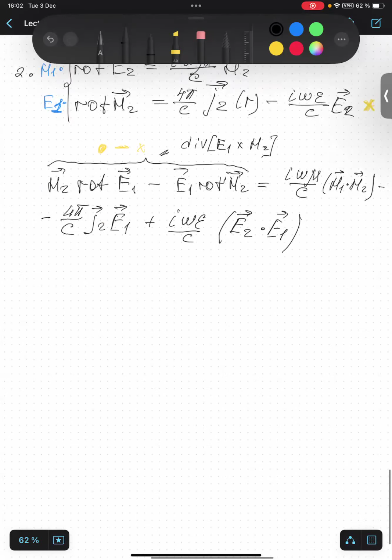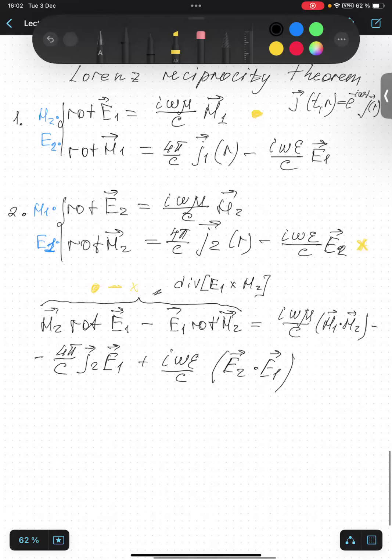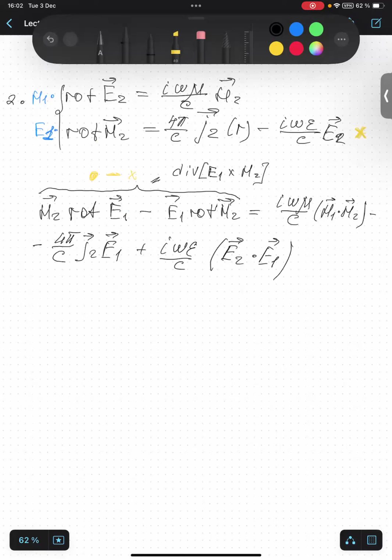So for the second part of the equation, we can rewrite the same thing.